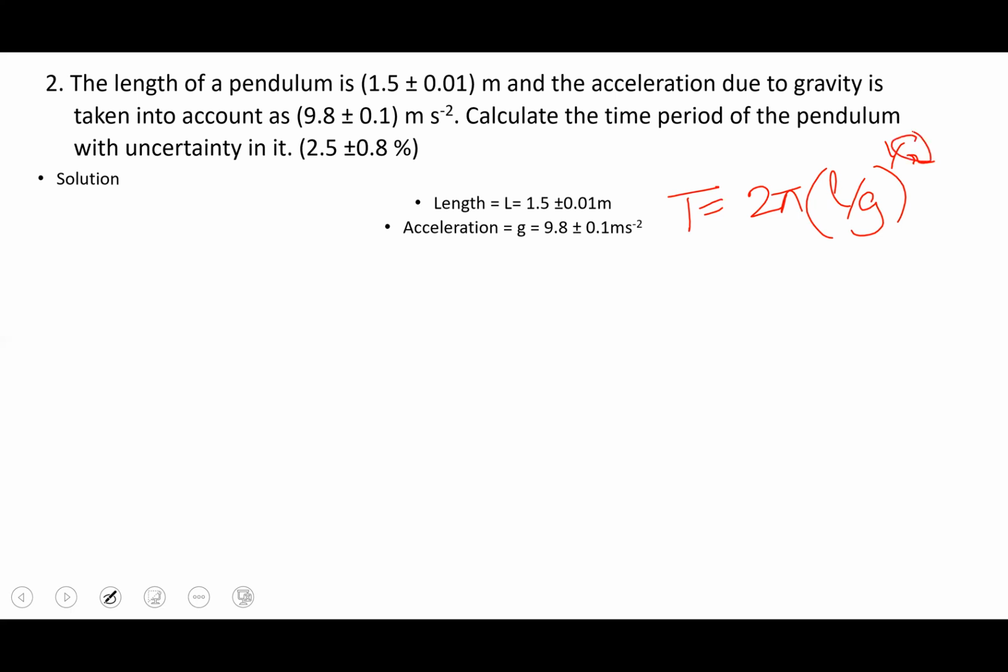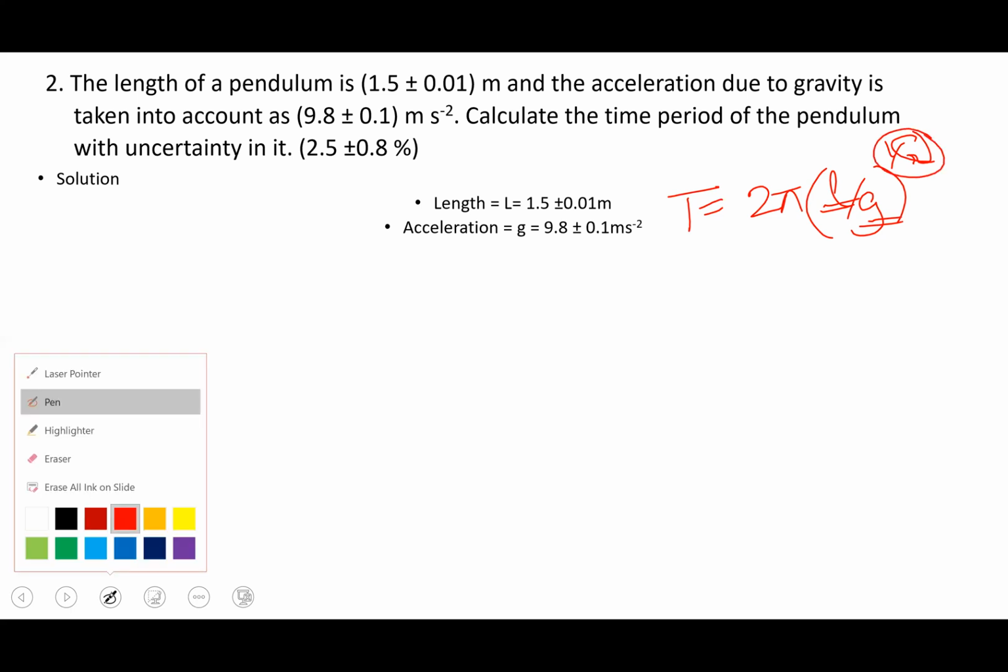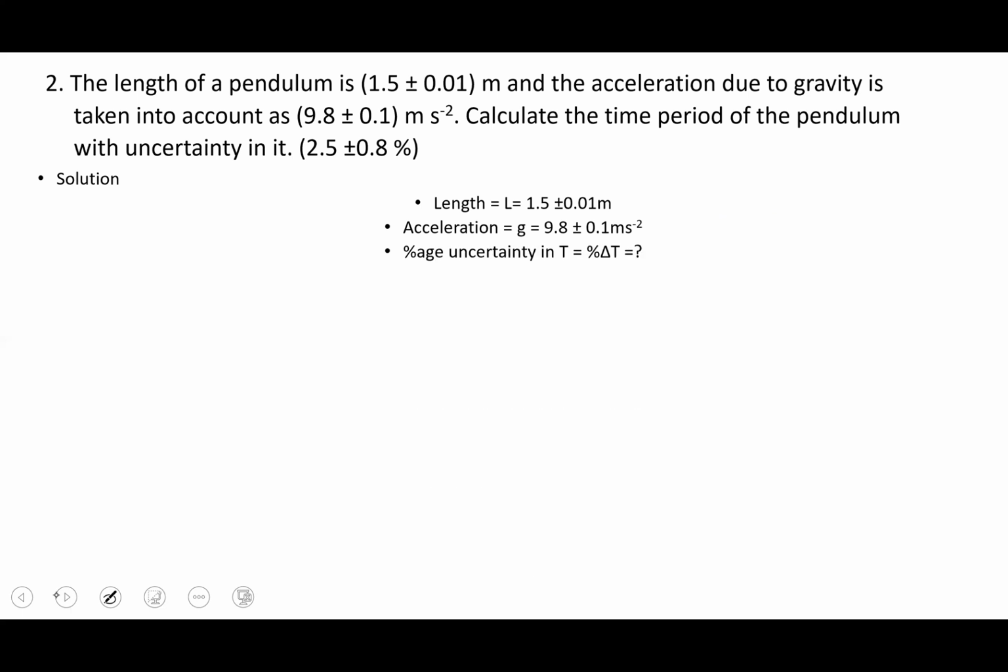Now, this is the power, and we multiply the power with the percentage uncertainty, by adding up the percentage uncertainty of the length and the gravitational acceleration and then multiplying it by 1 by 2, we get the value. So the percentage uncertainty in the case of time, we'll find out using this formula, T is equal to 2 pi under root L over G.